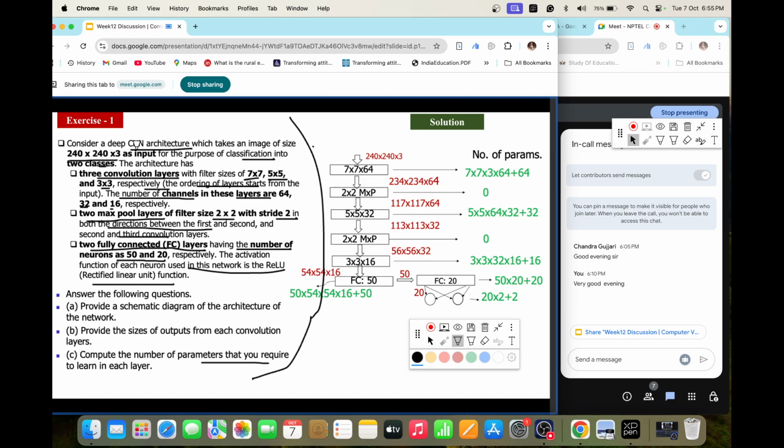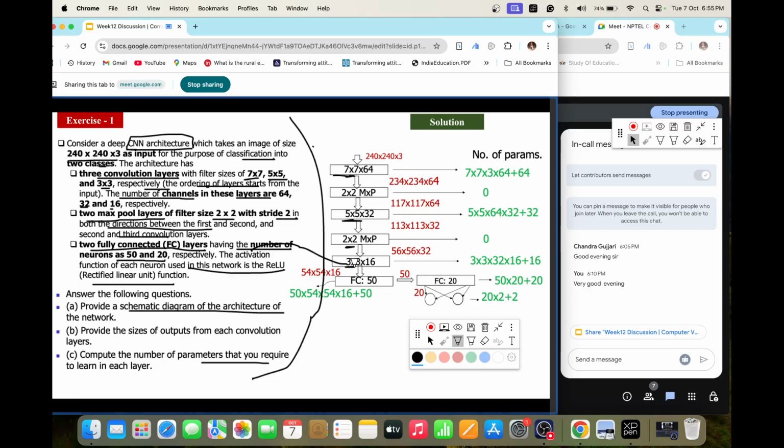So what has been told, it is a CNN architecture, so we have to create a CNN architecture. First you have to draw it schematically. Schematic drawing means you do not need to draw everything, you can just draw it with block diagrams. How many convolution layers do you have? You have 3 convolution layers. First is the 7 cross 7 filter layer, then the 5 cross 5 filter layer, and then the 3 cross 3 filter layer.